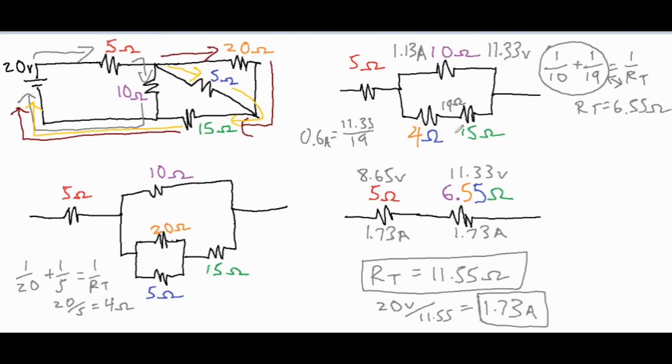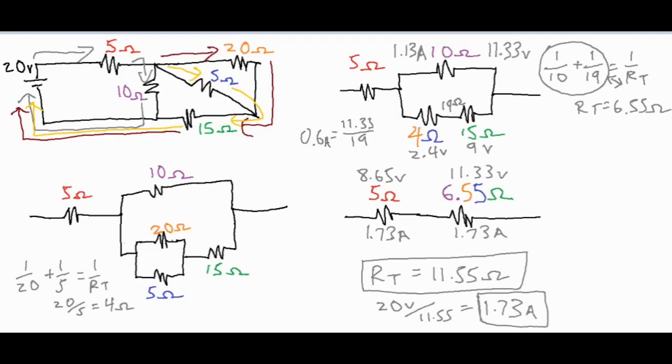So we have 0.6 amps flowing through each one of those because they're in series together. Now again, we have two out of our three variables, so you can do I times R, 0.6 times 4 and 0.6 times 15, and then we can get our voltage drops for each one of those. That would come out to 2.4 volts being dropped through the 4, and then 9 volts.